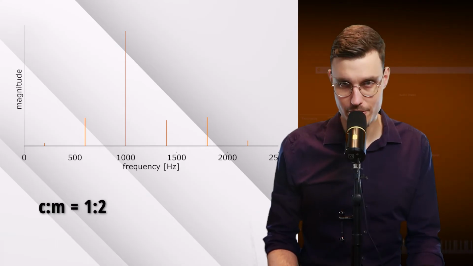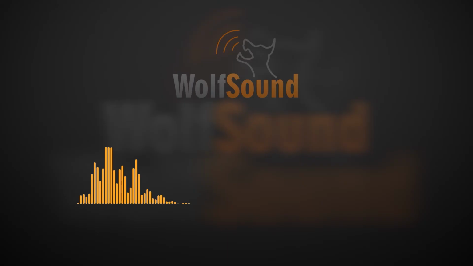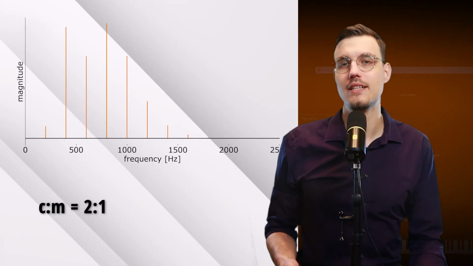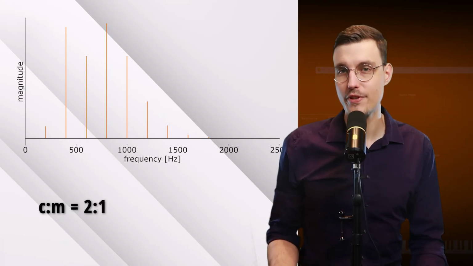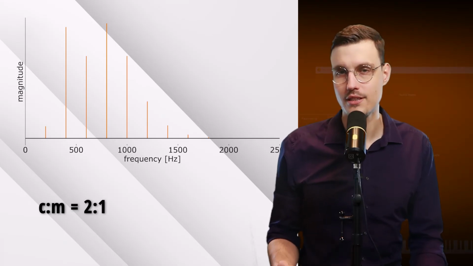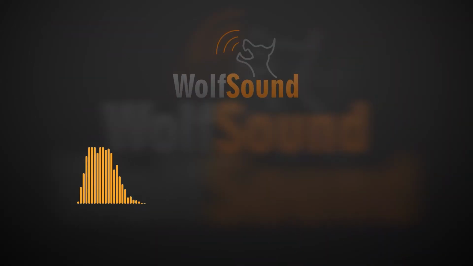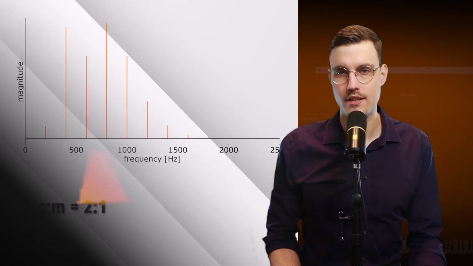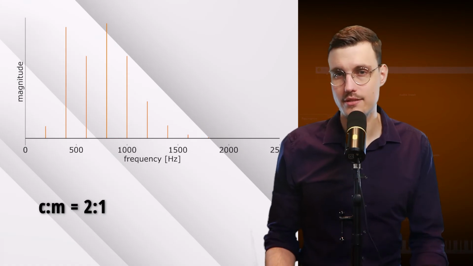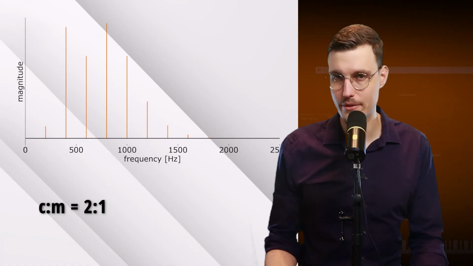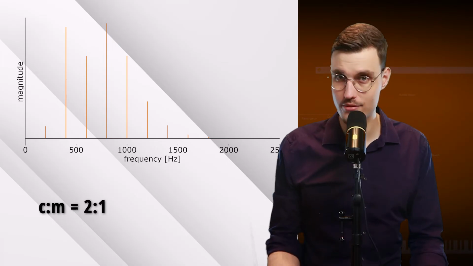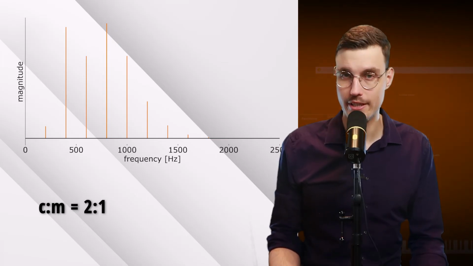Here is the resulting sound. Second, let's set the carrier to modulator frequency ratio to 2:1. Here is the resulting sound. As you can hear, since the carrier to modulation frequency ratio is rational, the spectra are harmonic.